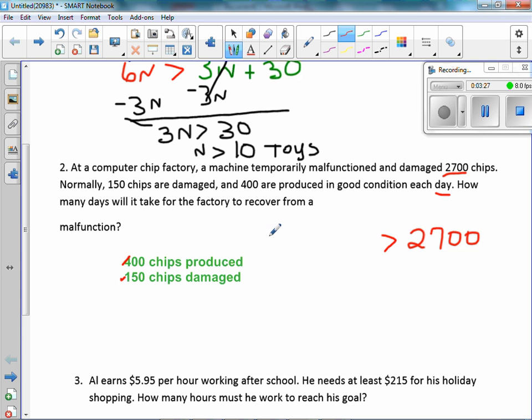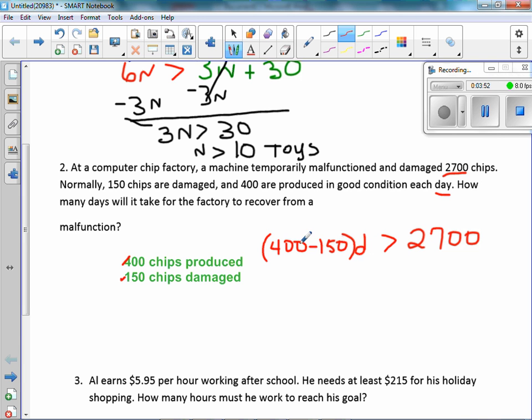So the equation would be, we first figure out the good chips by subtracting 400 minus 150, times the days, D for days. When we subtract that, that'll give us the good chips.